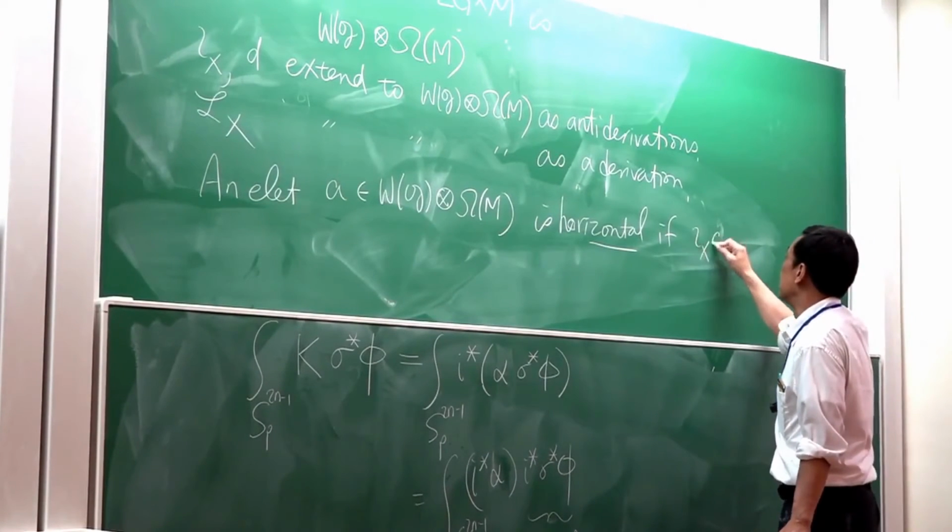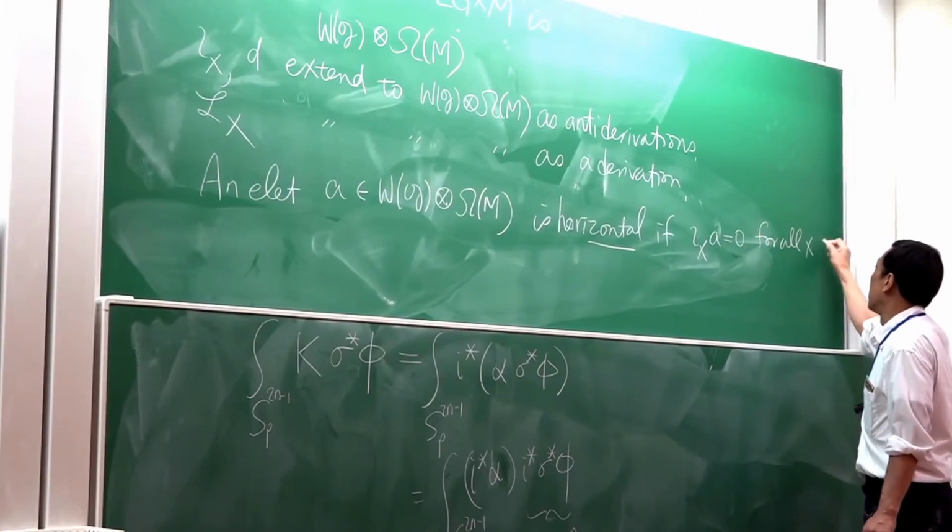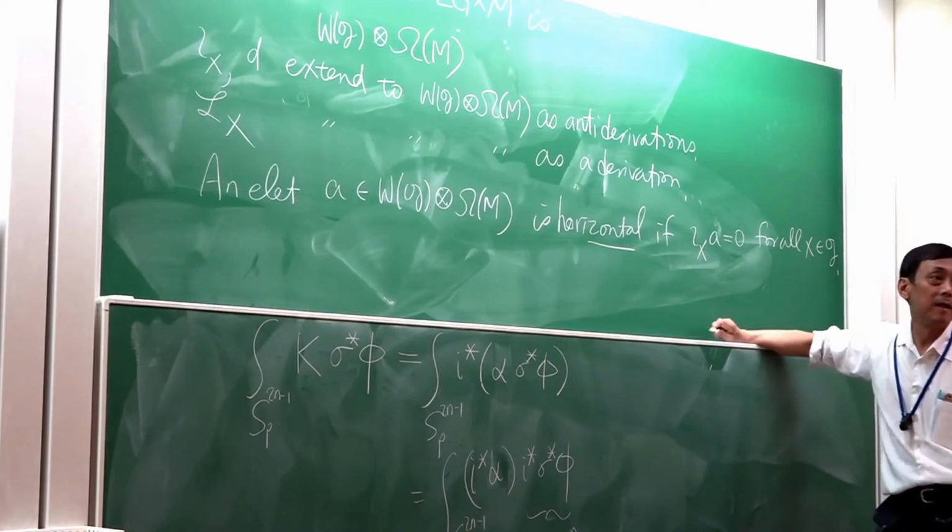Yeah, IXA is 0 for all x in the Lie algebra.